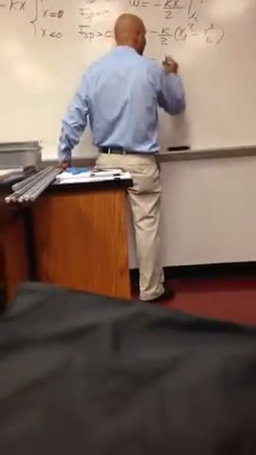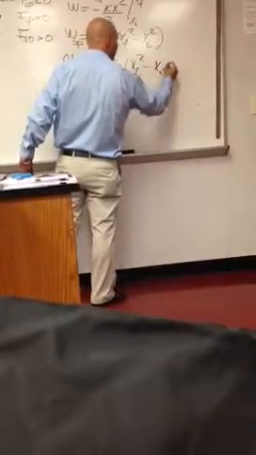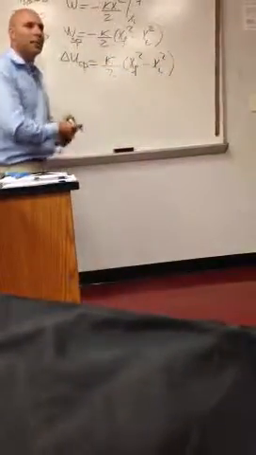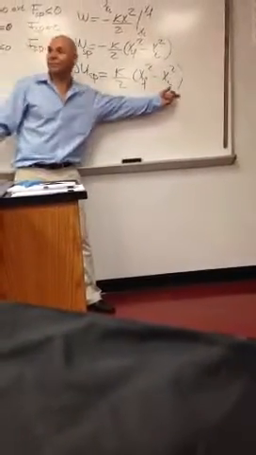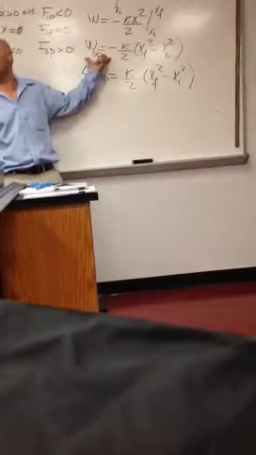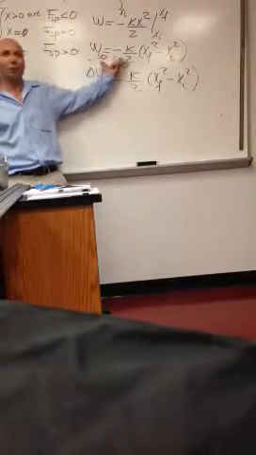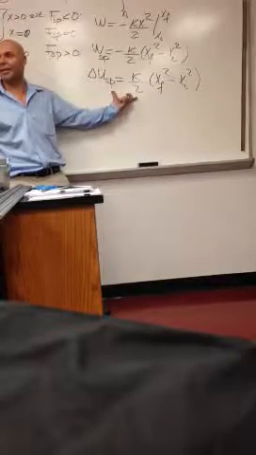So what will be delta U of the spring? Now, can you see that if x initial and x final are the same, there won't be work done. The work will be 0. So it's conservative. Now, this is the change in potential energy associated.